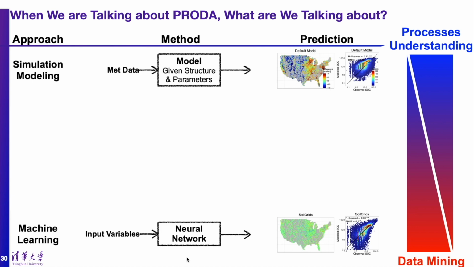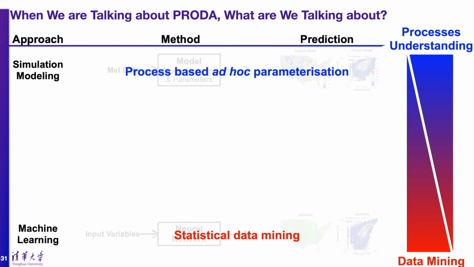They want to represent soil carbon distributions as close to the observations as possible. In this pole, we only focus on how to mine desired information from the data. The process-based, so-called ad hoc parameterization and statistical data mining are the two extremes of the spectrum when we want to understand the land carbon cycle.